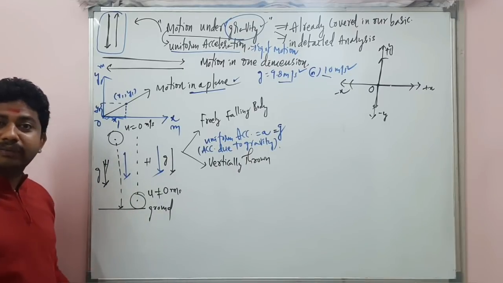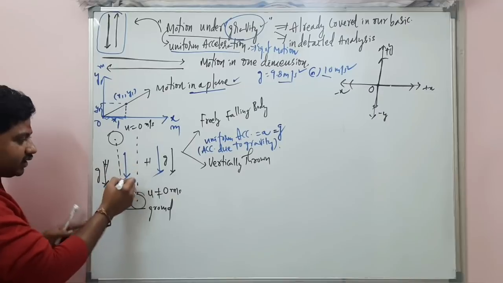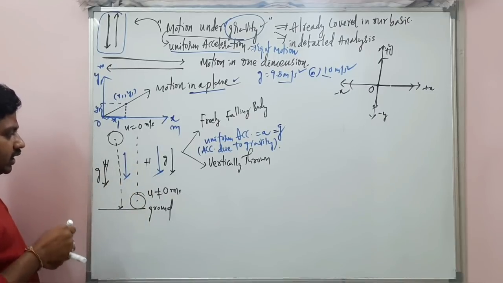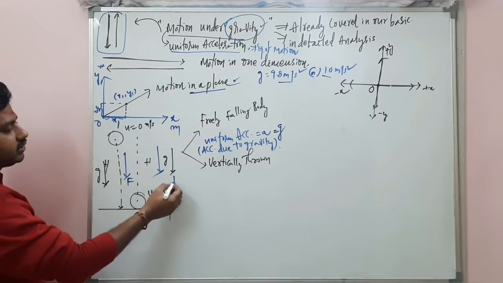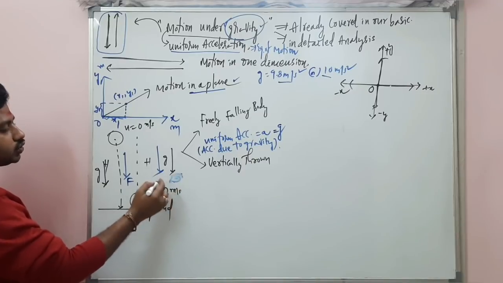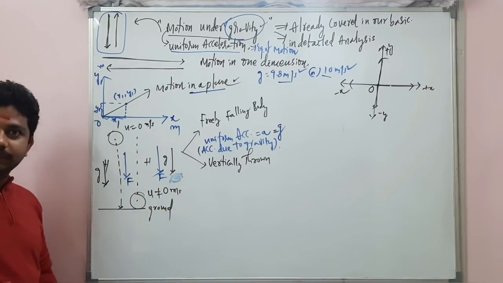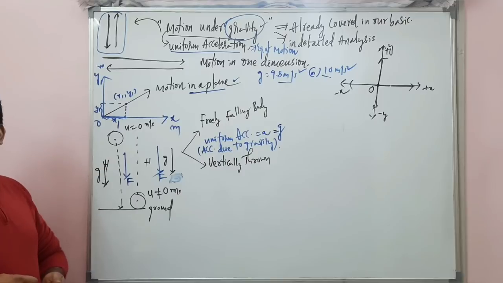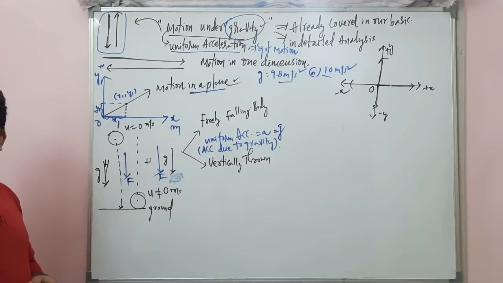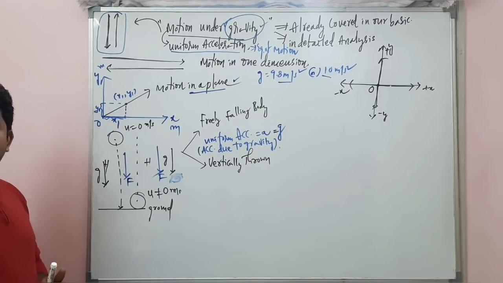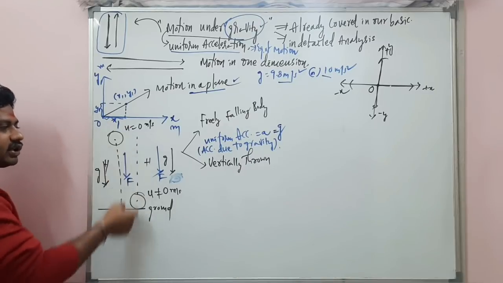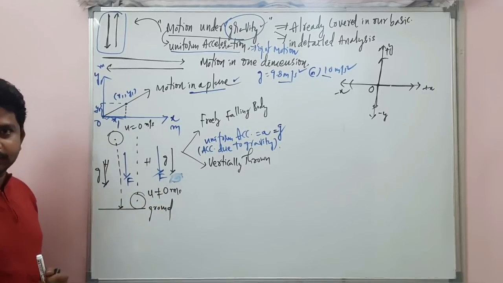Because F is equal to ma. So gravitational force direction is downwards and acceleration due to gravity is also downwards, my dear students. Acceleration due to gravity will never be zero. Always it will be there towards the ground, towards the center of the earth.